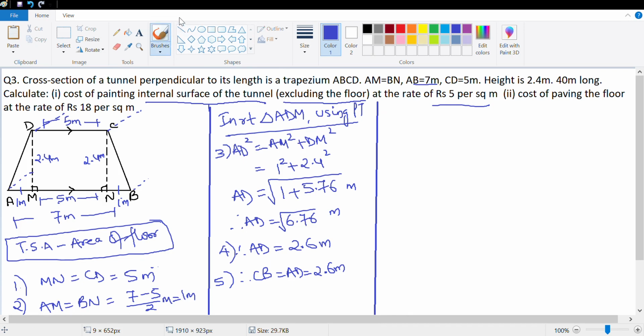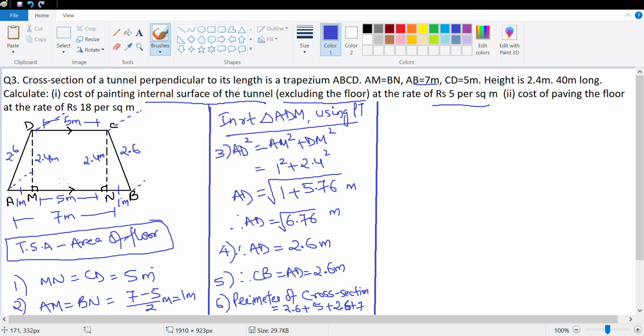Now that we've done this, let's see what we need to calculate. I need to find the surface area, which means let me first calculate the perimeter. So perimeter of cross section would be equal to 2.6 plus 5 plus 2.6 plus 7.